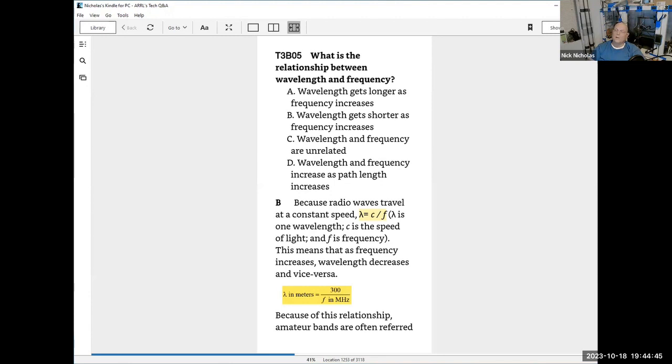Now, if you want to calculate a resonant wavelength antenna for 2 meters, it's going to be whatever frequency you want to operate at divided into 300. If you want to calculate a half-wave antenna in feet, you replace that number 300 with the number 468.